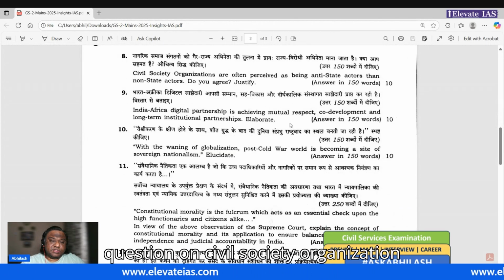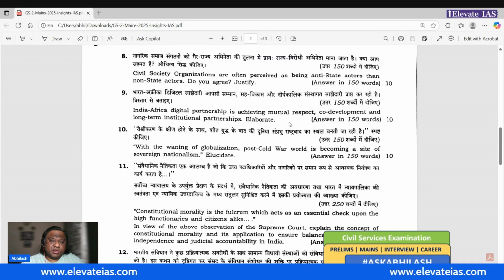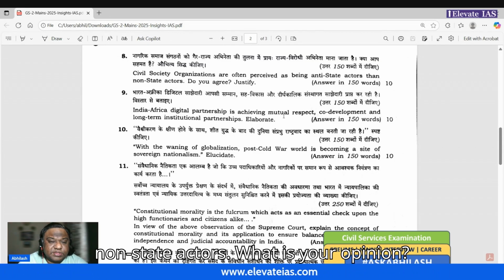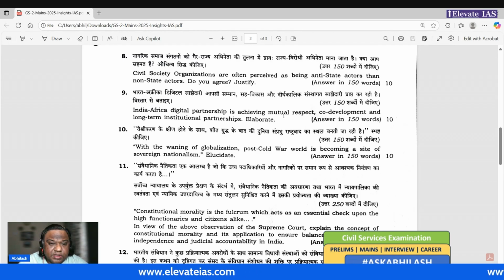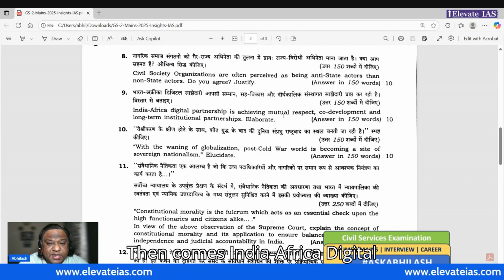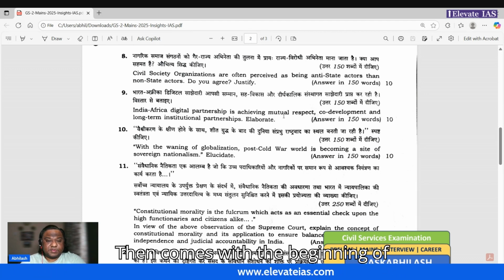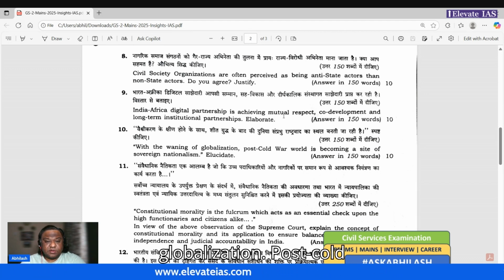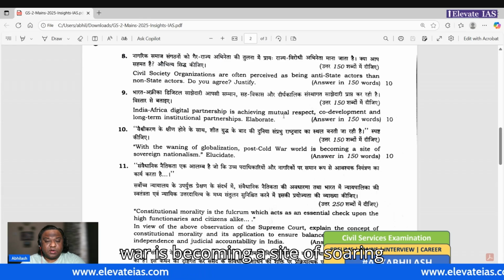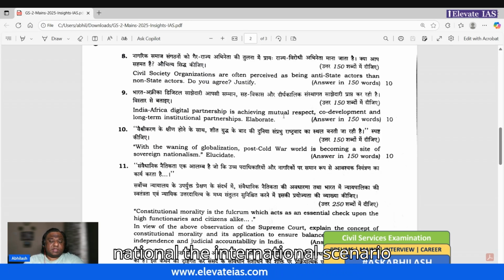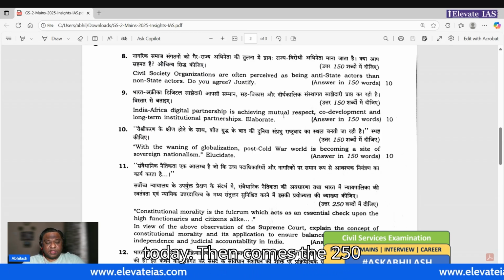Then a question on civil society organizations observed as anti-state and non-state actors: what is your opinion? Then the India-Africa digital partnership, which was in the news. Then, with the waning of globalization, post-Cold War becoming a site of soaring nationalism, elucidate the international scenario today.